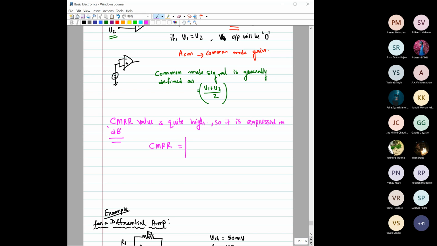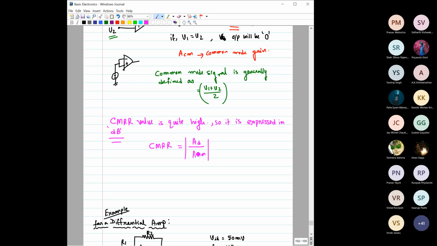CMRR is nothing but the differential gain by the common mode gain.